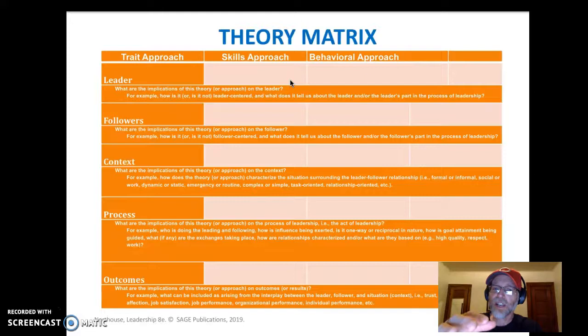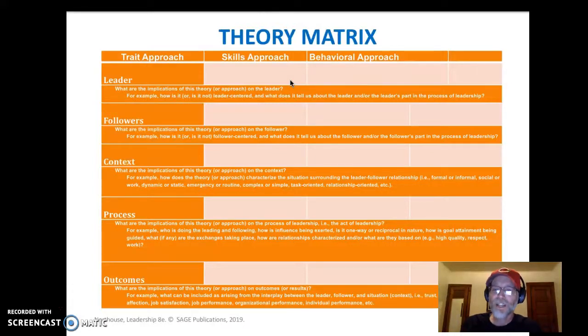And the skills that have been found in research, are there other skills to add? Which of those skills would you be strong in? And you'll get a chance to reflect on organizations that you've been a part of, jobs that you've been a part of, where there's been leadership, where you're able to say, okay, was this person an effective leader because of their personality or because of these skills?